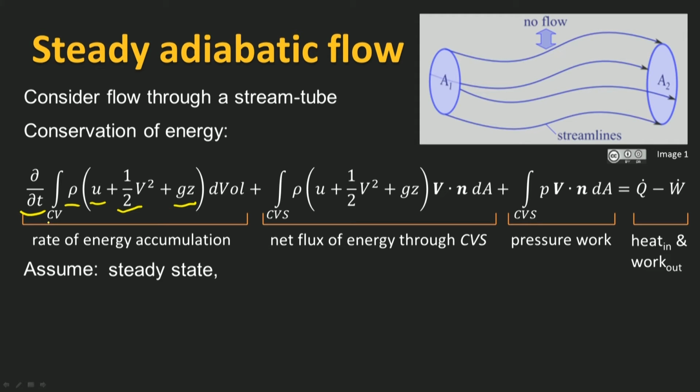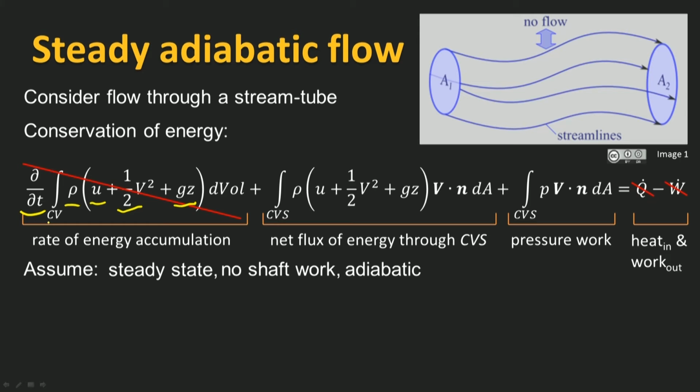First, let's assume we have steady state flow. So the time derivative makes the first term 0. Second, let's assume we have no shaft work, so that work term is equal to 0. Next, we'll assume the flow is adiabatic, seeing as how we are trying to derive some adiabatic flow relations, and that means that Q dot is also going to be equal to 0.